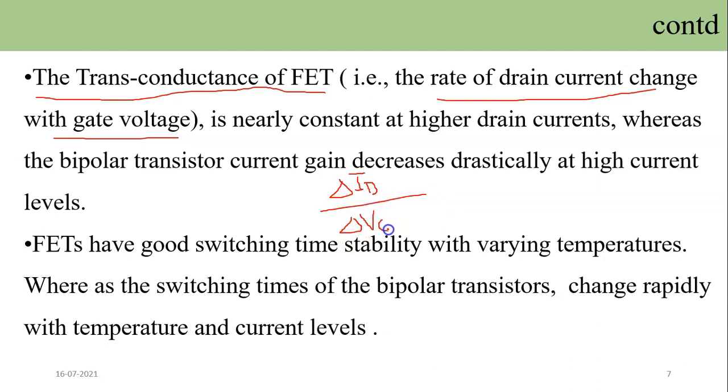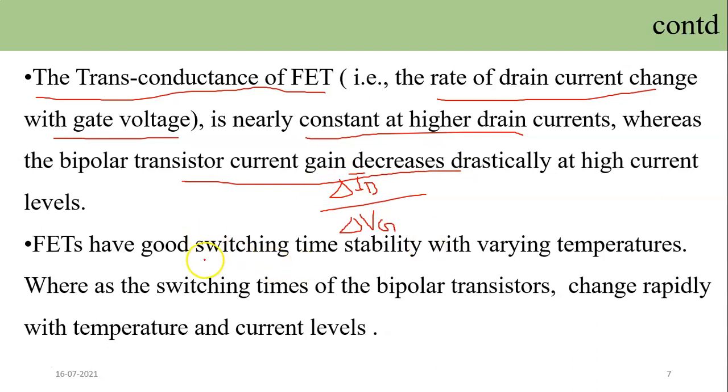So drain current variation with gate voltage is called transconductance. Similarly, you have studied transconductance in BJT also. But in the case of FET, the transconductance is almost constant, whereas in the case of BJT, the transconductance decreases drastically. Very important.